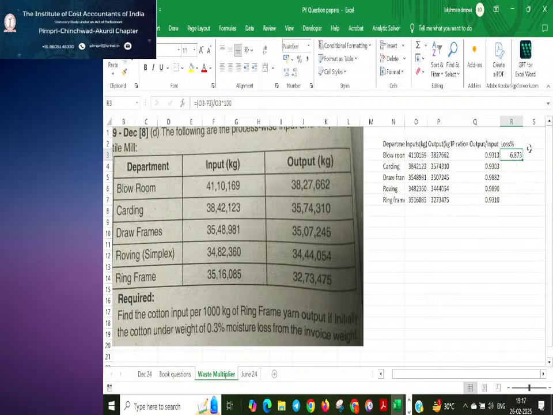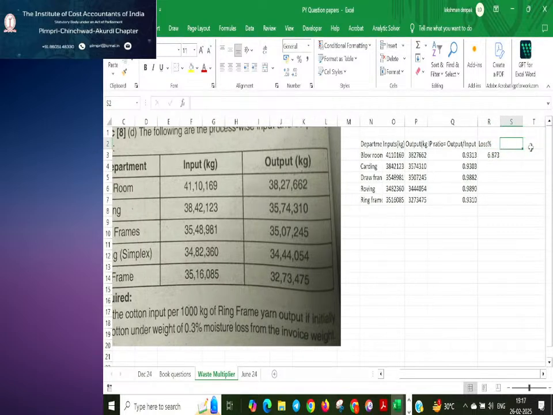If this is my loss percentage, what is my output percentage? Output is nothing but 100 minus 6.87, which is 93.13%. This is my output percentage.